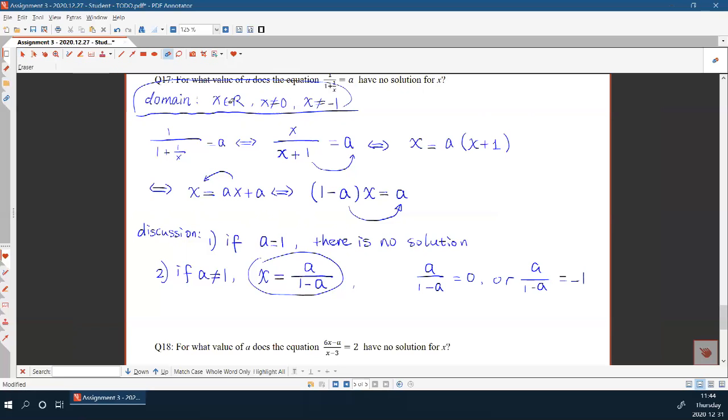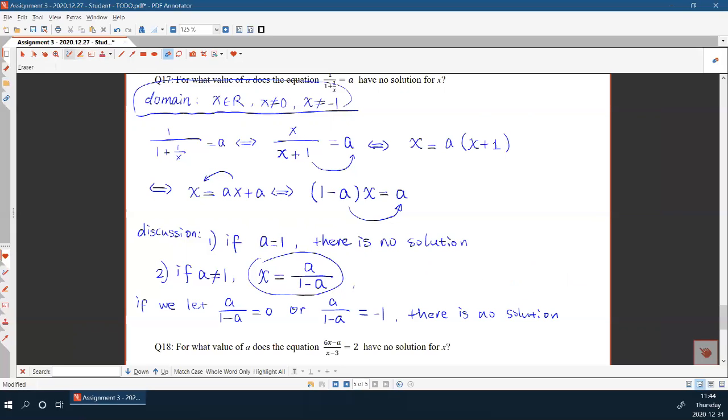So the takeaway here is, if we let a over 1 minus a be 0, or make this value equal to minus 1, there is no solution, because it contradicts with the domain, right?